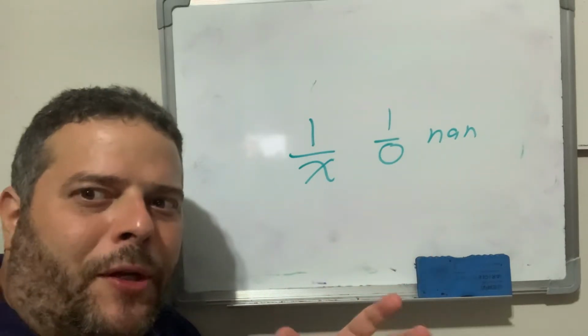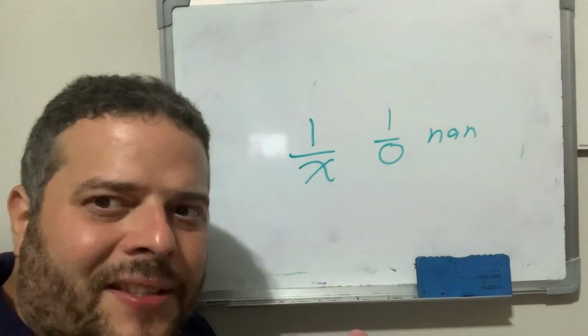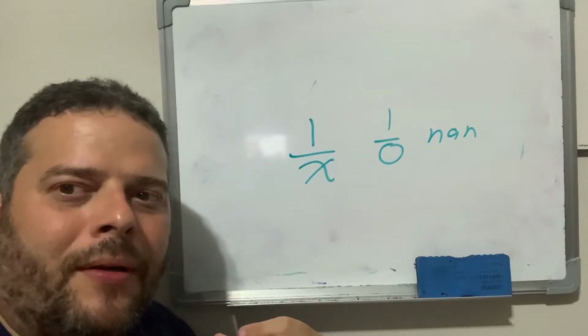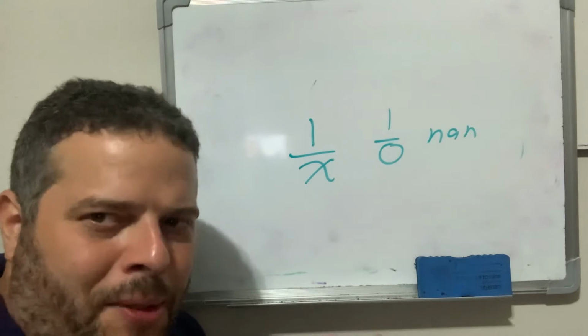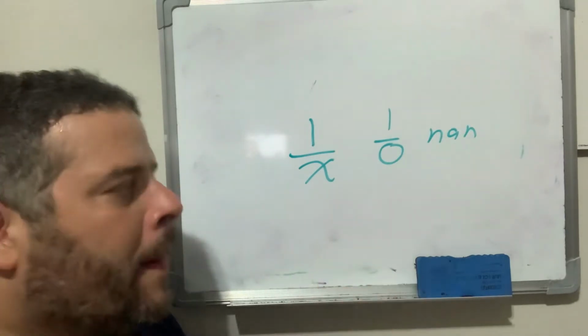Another way you can view it using your calculator is if you have a function and you plug in an x value and you get an answer back, which is an actual number, then that means that is part of the domain. If you plug in a value and you get back an error, that is not part of the domain because it can't be computed.